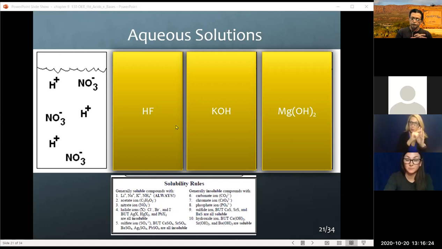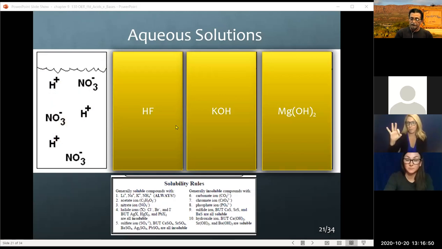It's not necessary to put water molecules in there. If you want, that's okay, but it's not necessary. But that first beaker diagram demonstrates how to display a strong electrolyte, be it a strong acid, strong base, or a soluble ionic compound.